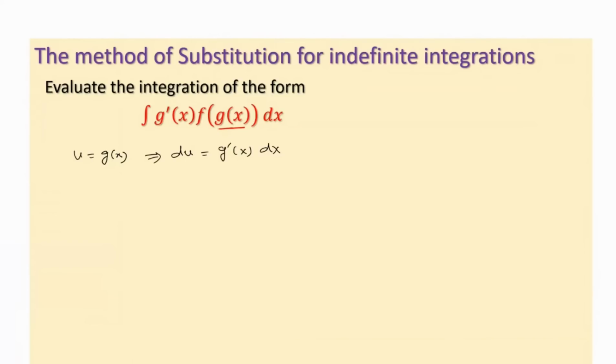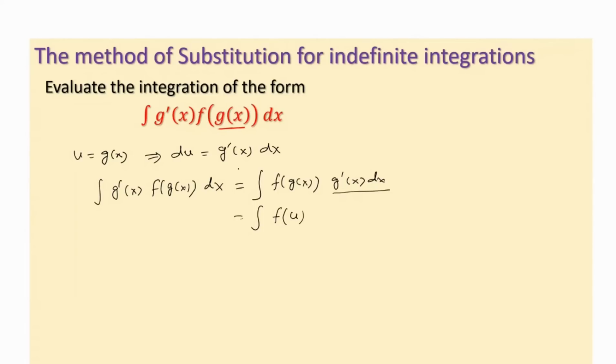Therefore the given integral of g'(x) f(g(x)) dx can be rewritten as f(g(x)) g'(x) dx. Now we substitute: g(x) is equal to u, so it will be f(u), and g'(x) dx we got as du. So our new integral becomes the integral of f(u) du.